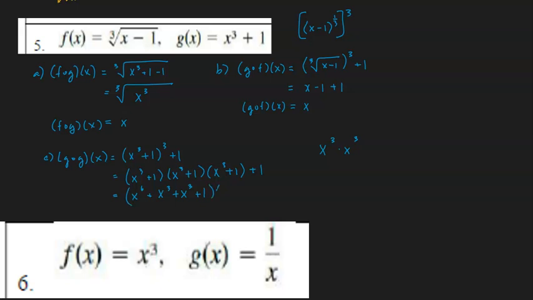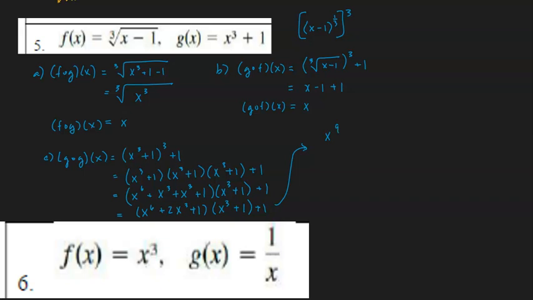And then multiply this by (x cubed plus 1), plus 1, and let's go ahead and simplify it: x to the 6th plus 2x cubed plus 1, times x cubed plus 1, plus 1. Okay, and then let's go ahead and finish up here. So that's going to be x to the 9th.